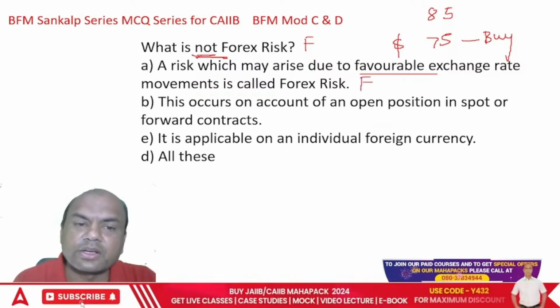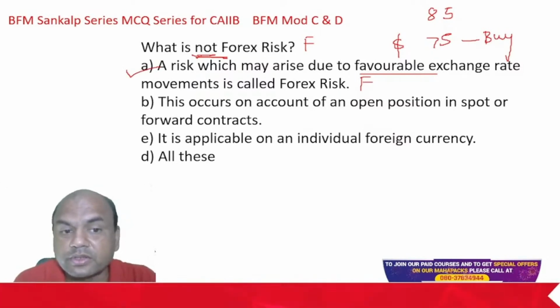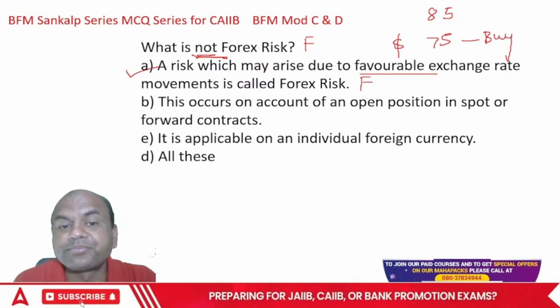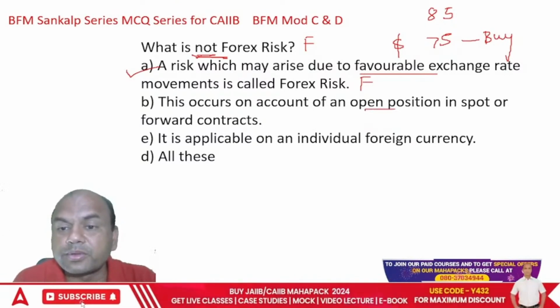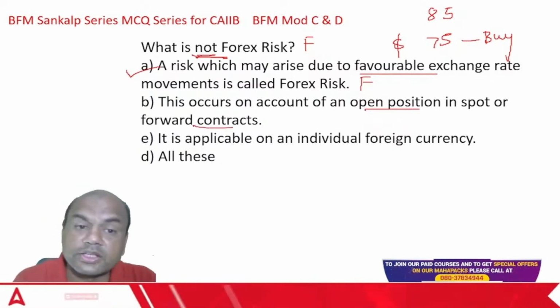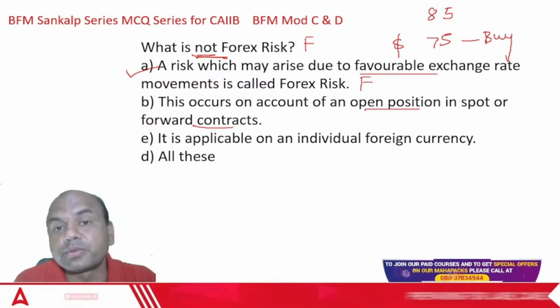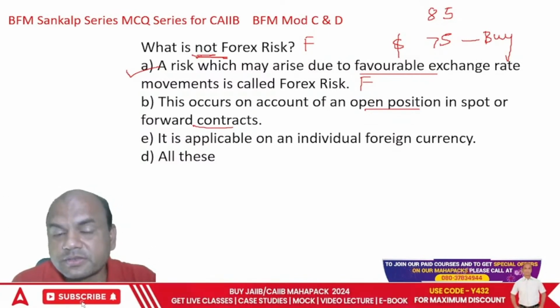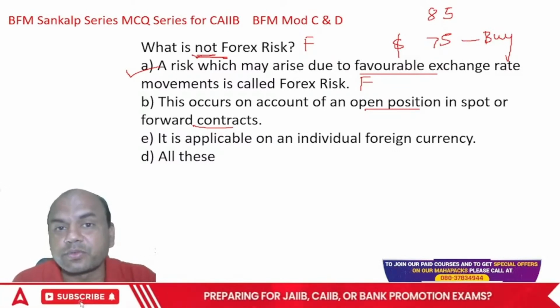See, first you got this answer A. But now there is also the option of all of these, so these can also be false. This forex risk occurs on account of open position in spot or forward contracts. Open position means day-end position, open cash or day-end cash, what we call vault cash in our bank.